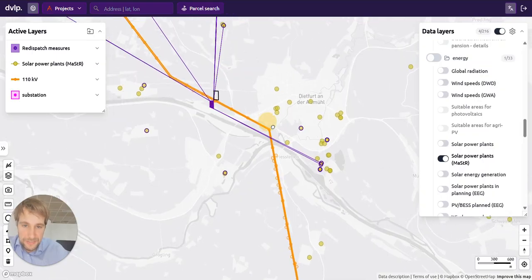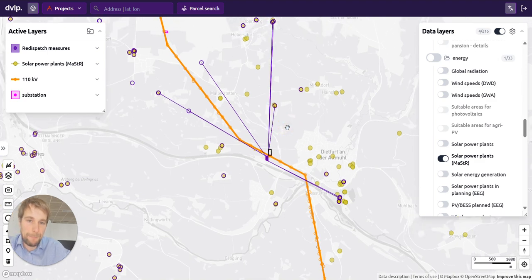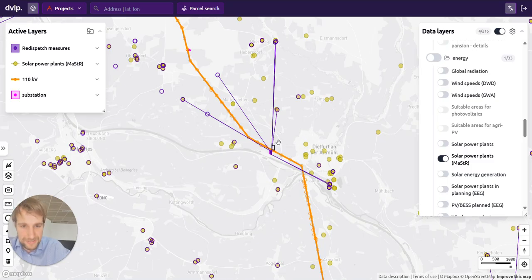Now, the interesting part here is that this, of course, gives you a direct, quantitative indication of a potential bottleneck in the grid. And we also see from the data that is coming directly from the grid operators the bottleneck sites. In this case, the bottleneck that was responsible for those measures is directly located around our substation here.